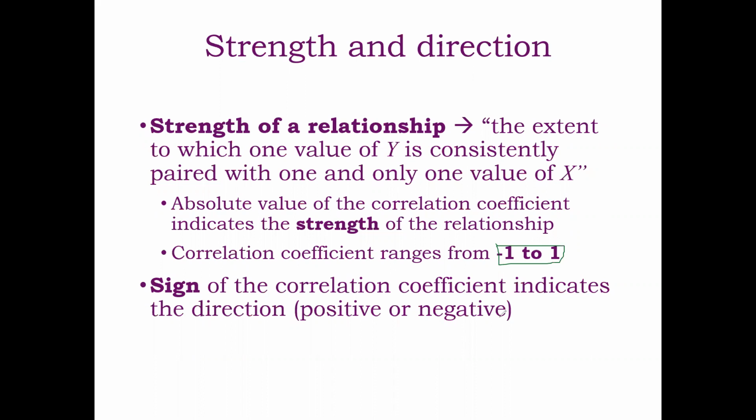So, for example, 0.70 is stronger than 0.5, right? But -0.70 is also stronger than 0.5, okay?